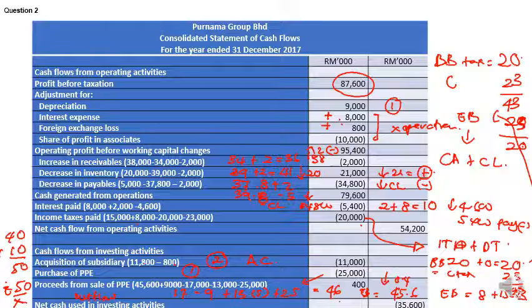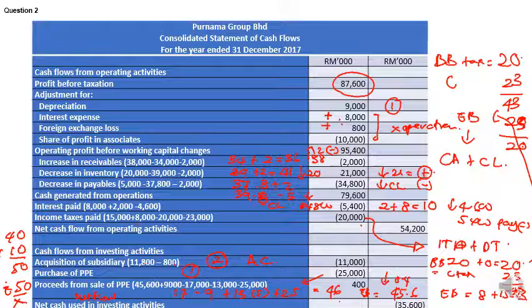The beginning balance for income tax payable is 20 and deferred tax is 0, so the beginning balance is 20. The ending balance is 8 for tax payable and 15 for deferred tax, so altogether 23.